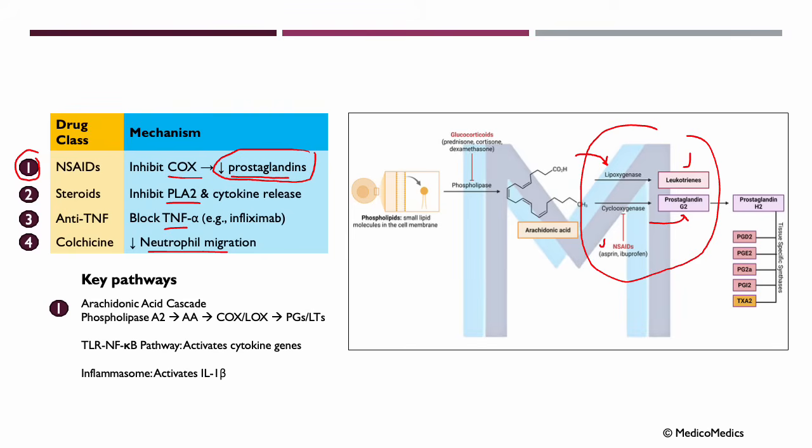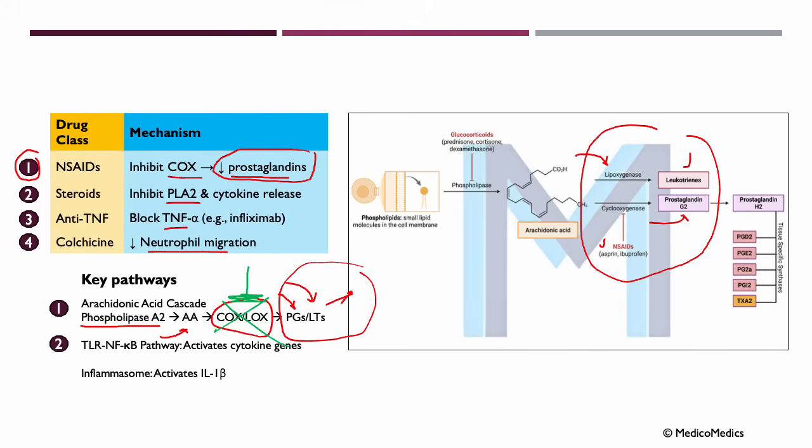So anyway, the arachidonic acid cascade begins with phospholipase A2. It liberates arachidonic acid from the cell membranes. This is then converted by these key enzymes to prostaglandins and leukotrienes, and they have the inflammatory effects we then see. Now, the drugs we use here are to block these mediators, so stop it right here.